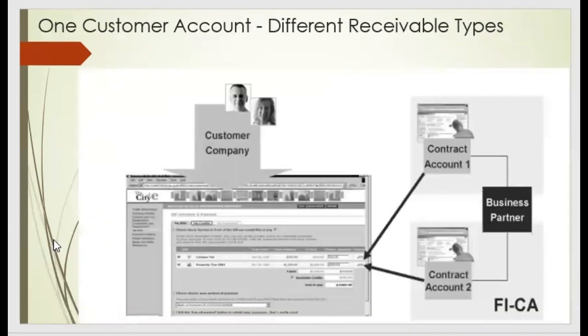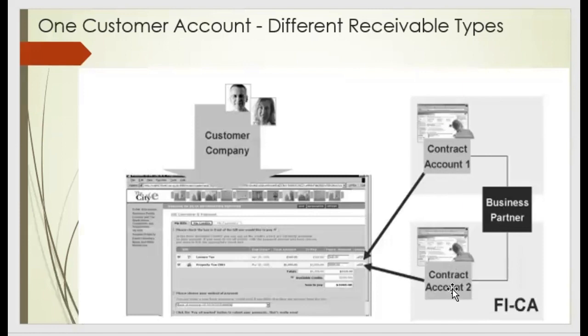But during this payment, two major things happen. Like there is contract account one and contract account two for a single business partner, and both try to pay at one go. So what will happen? In that case, we need to consider the different receivable types. Contract account one is a water contract.